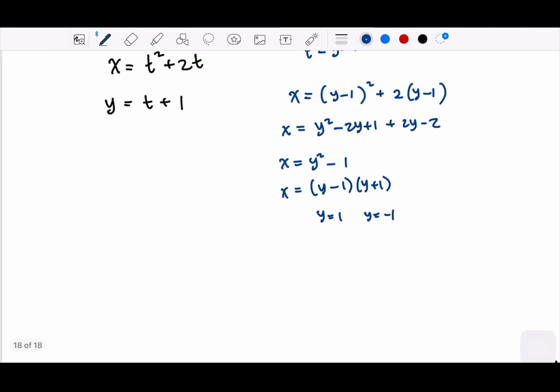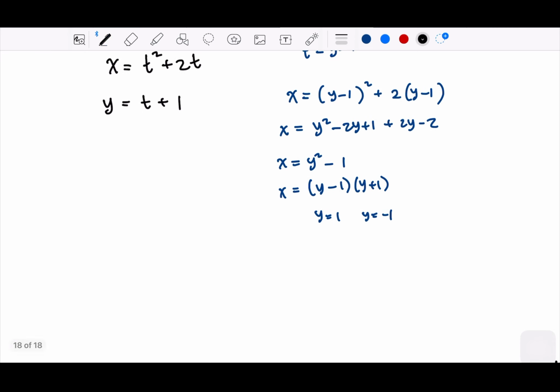So it's just the, if we draw, maybe around here, -1 is, let's say -1 is here, 1 is there, right?